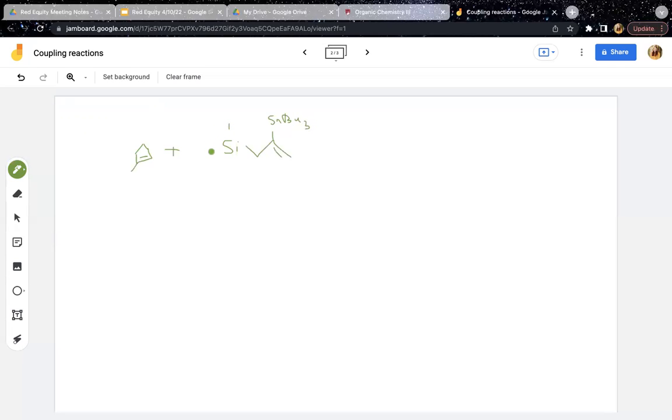And you can just draw the attachments like that. And then you use palladium here as well. But this is the part that we're focused on, this tin. So palladium is just used as a part of the reaction, but it's not what actually is making the reaction happen. Whereas in a Heck reaction, there's no metal in it, so the palladium is doing all the work. So then you end up with a product that's just going to be like Si.